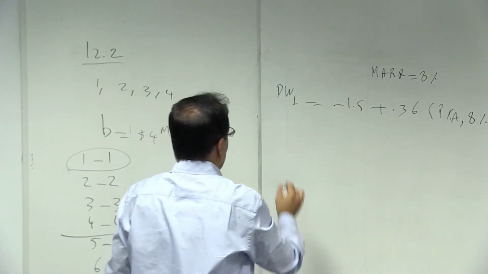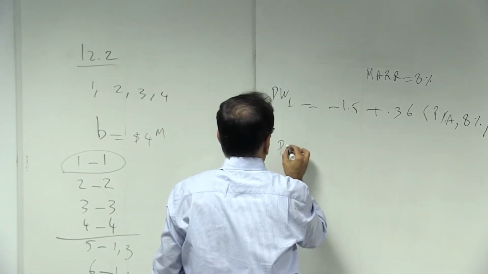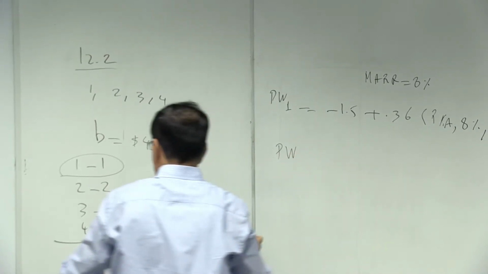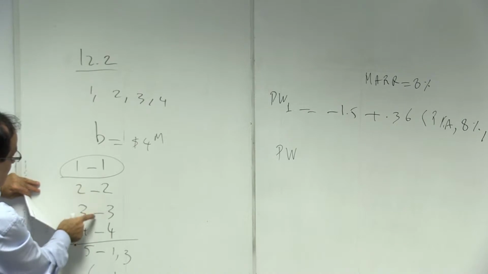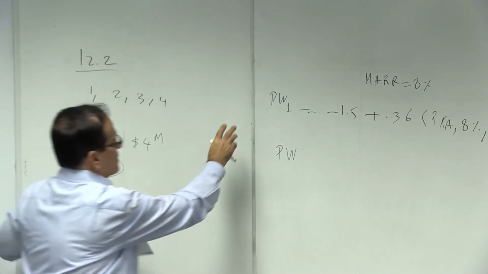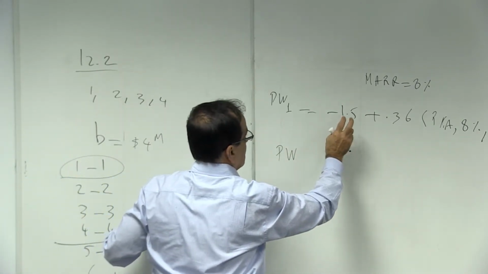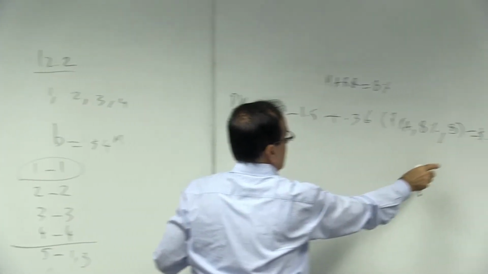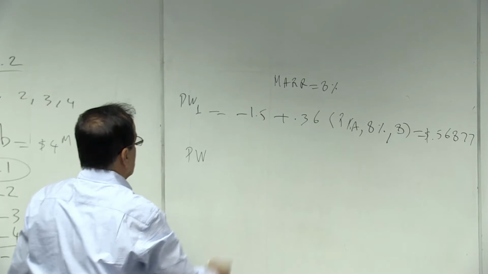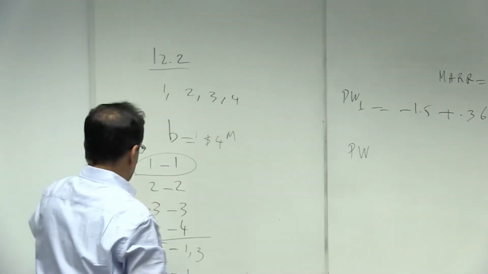Now, bundle number 2, 3, and 4 are very simple. They are almost the same as bundle number 1. You just use the initial cost and the net income times P given A, 8% and 8 years, and you're going to get the number. So I'm not going to do this for bundles 2, 3, and 4.